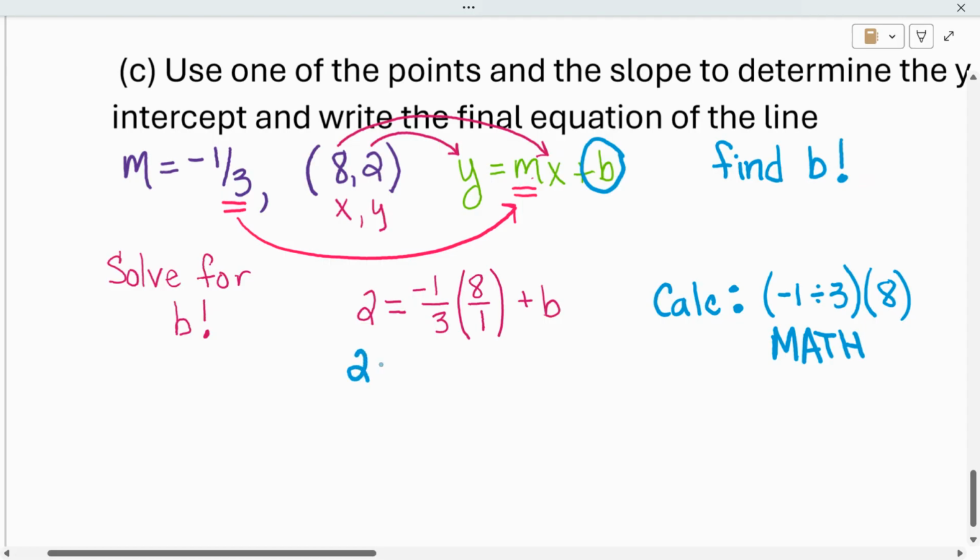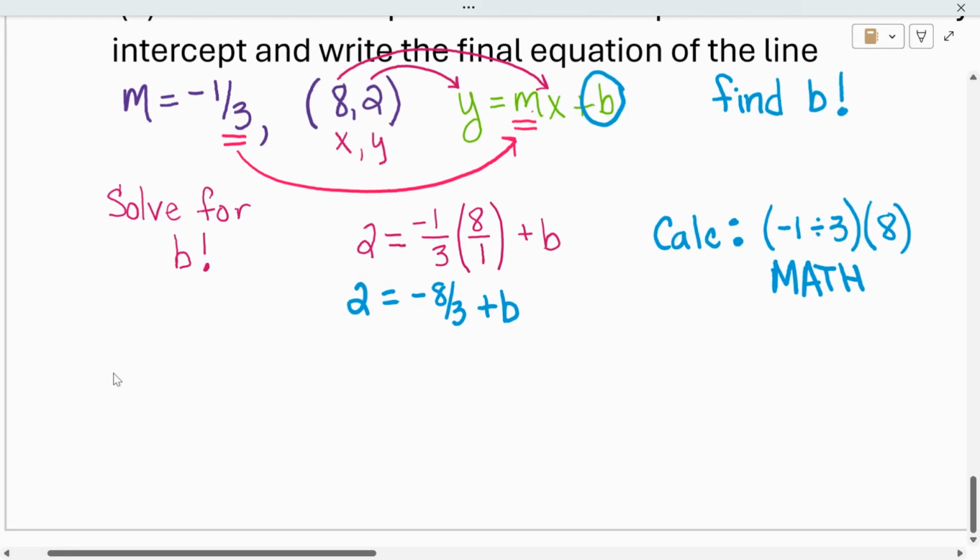Yeah. So I have 2 equals negative 8/3 plus b. What am I going to do to get b all by itself? Yeah, we're going to add 8/3 to both sides.